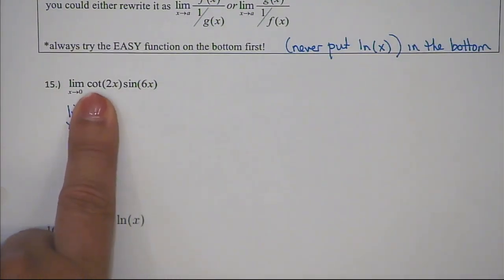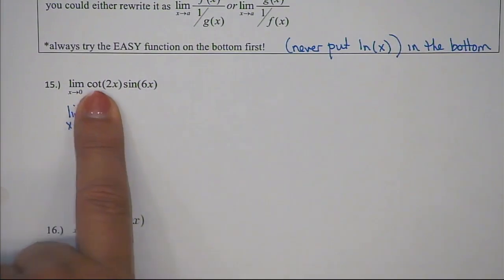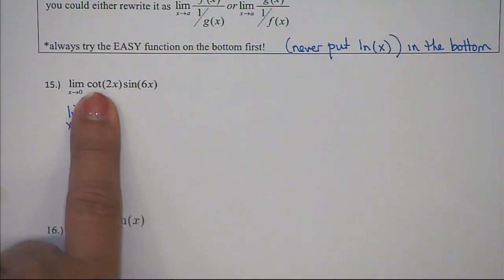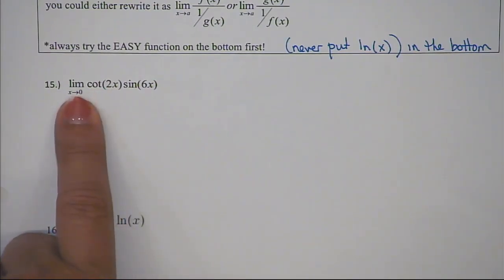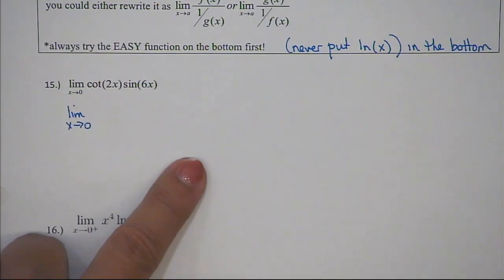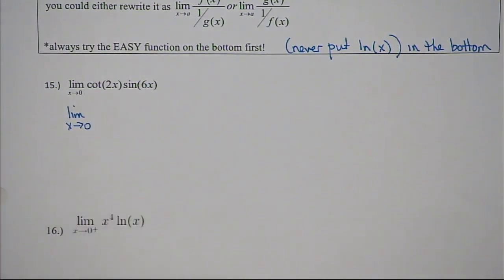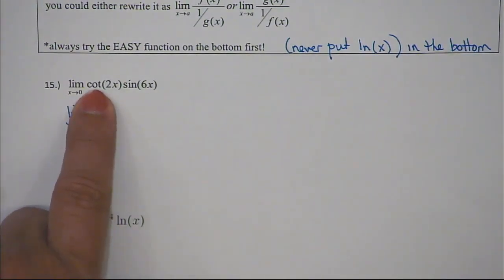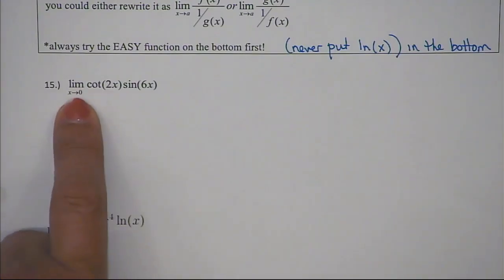Cotangents, asymptotes. I just taught my pre-calc classes, so I want to remind you. Cotangent and cosecant have asymptotes at 0. Tangent and secants have asymptotes at pi over 2. Okay, so I just taught my pre-calc kids this, that the words cotangent and cosecant both have the letter O's in them. So that's how I remember that those have the asymptotes at 0. 0 is like that O in the word, okay?